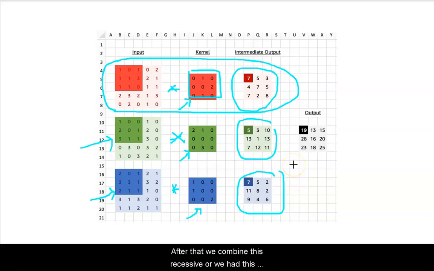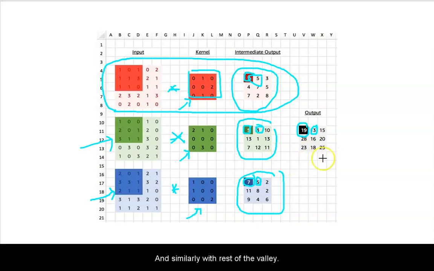After that, we combine these results, or we add these values. So you can see 7 plus 5 plus 7, that is 19. That is how I get my 19. Similarly, 5 plus 3 plus 5, that is how I get the 13. And similarly with the rest of the values.